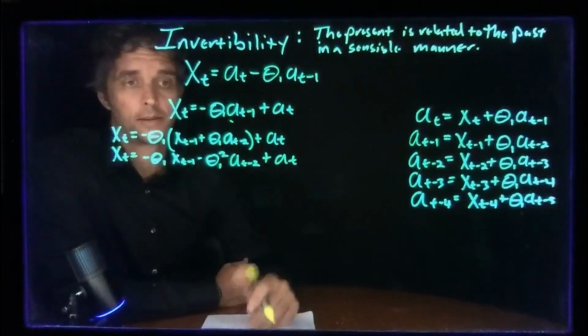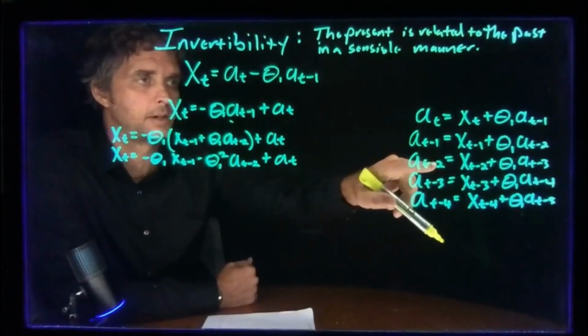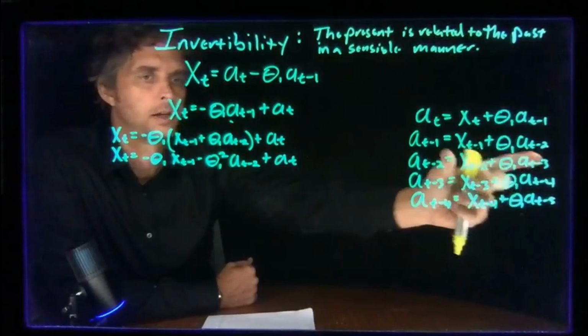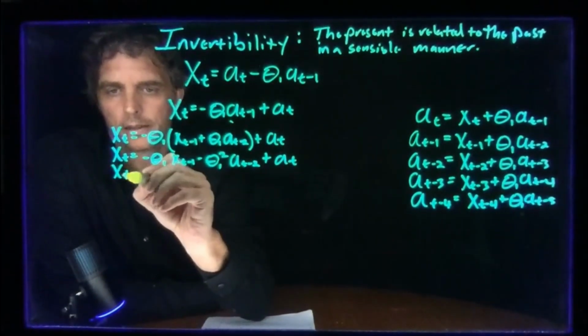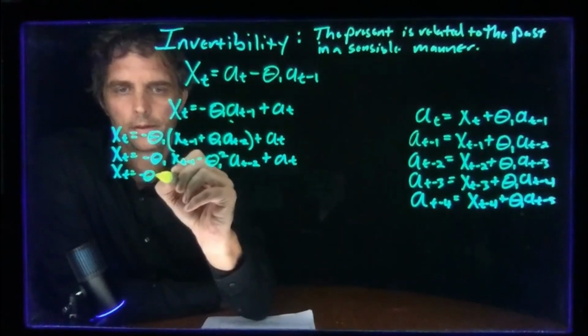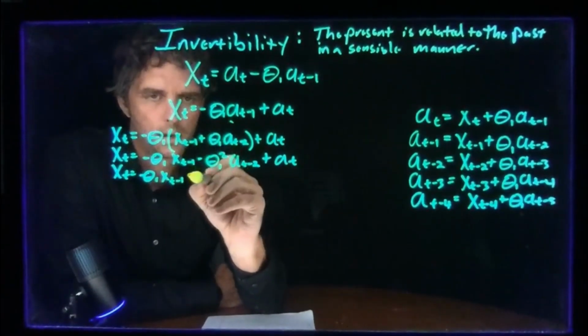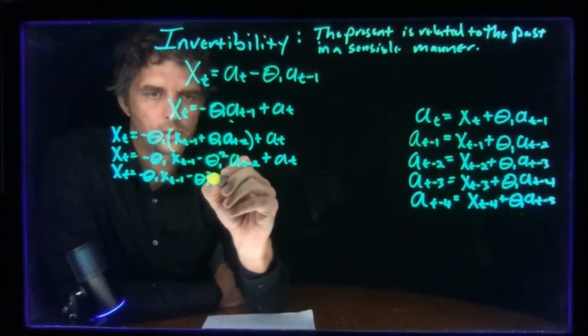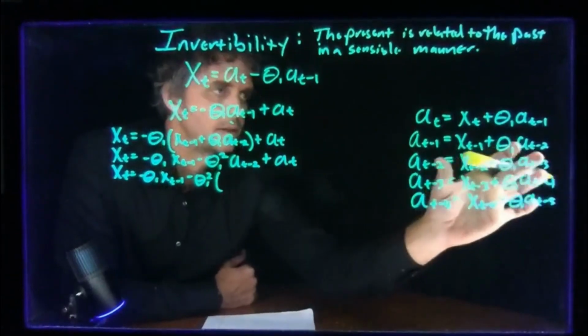Let's play it another couple of times, because now we have AT minus 2. That's why I wrote this one. That's AT minus 2, so check that out. I'm just going to plug that in there for AT minus 2 and see what we get. So that'll be XT equals negative theta 1 XT minus 1, yesterday's observation, minus theta 1 squared times AT minus 2, where AT minus 2 is that piece.